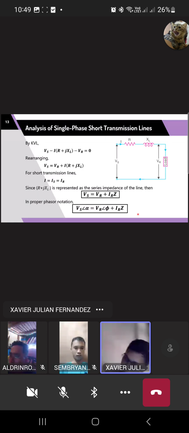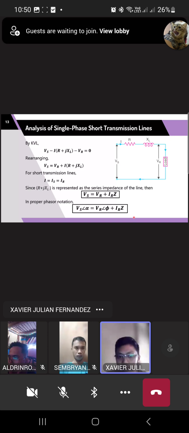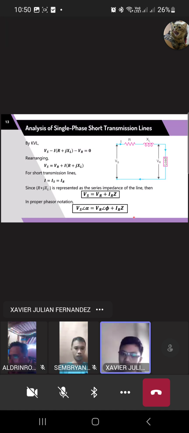The voltage at the receiving end is taken as the reference, so its angle is 0. To save space, you can also just write VR. However, please take note, you have a power factor for the current. So please remember that we have a power factor for the current.